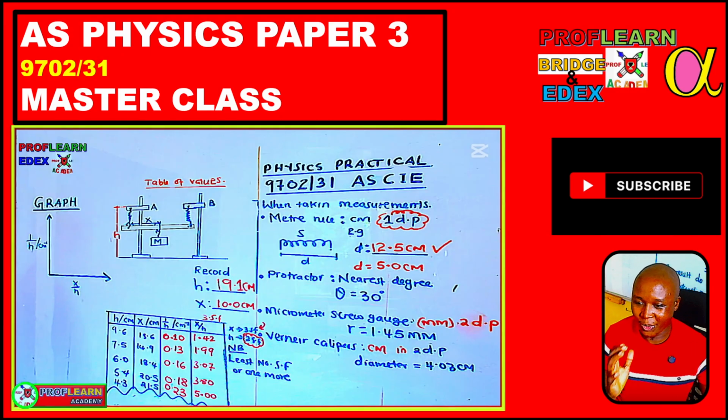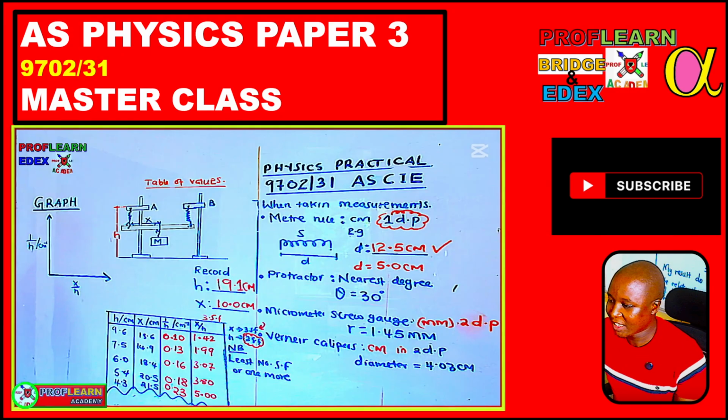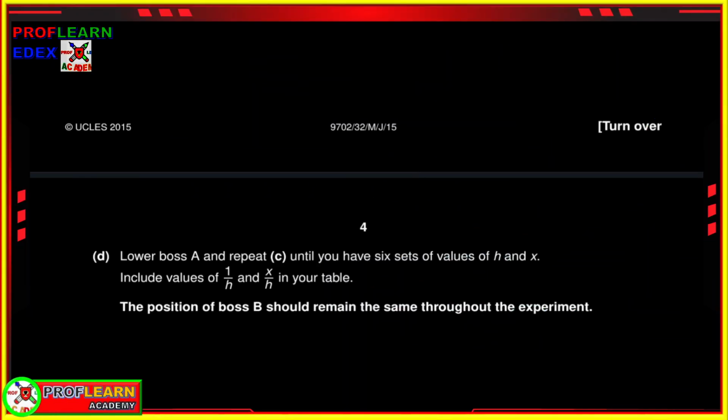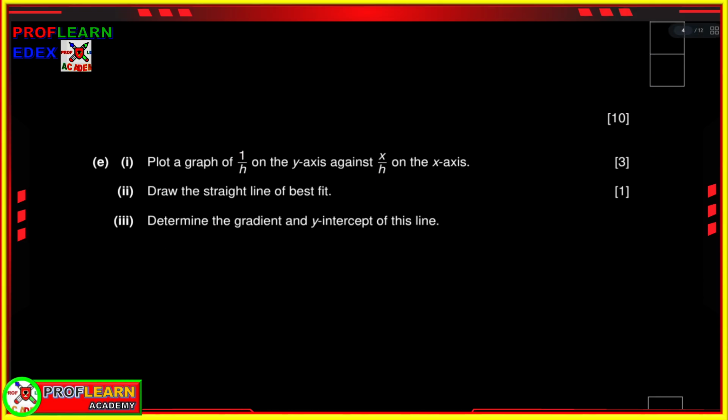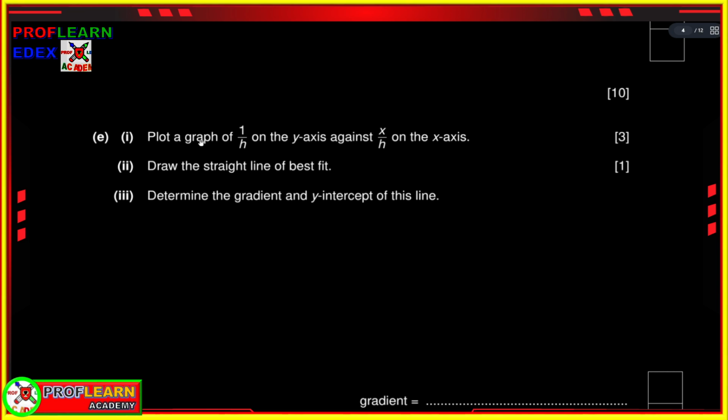So whenever you are drawing a graph, let's go back to our question so that we can see the instruction provided. Another question you are expected to do is to draw a graph of 1 over h on the y-axis.